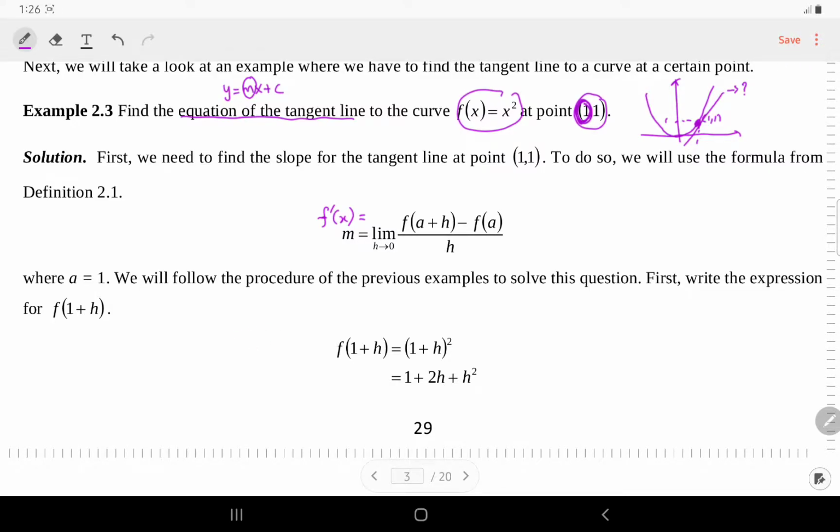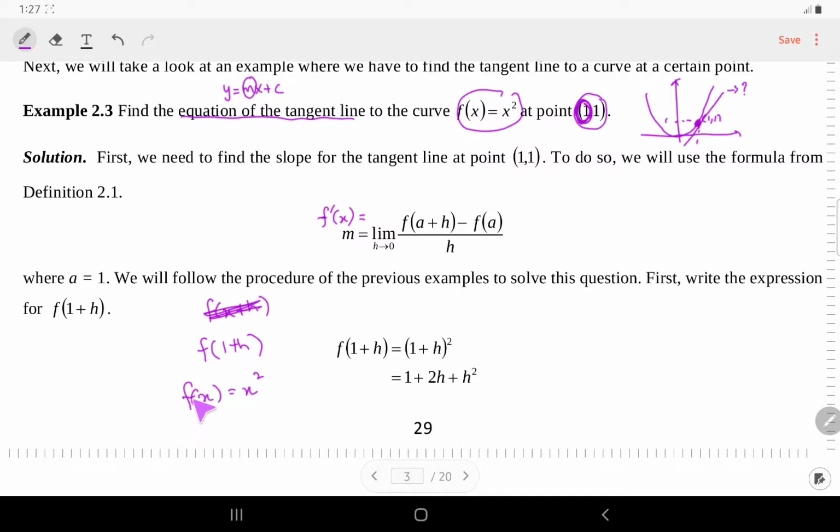Okay, so the first step is from the previous examples. The first step is you need to find what is your x plus h, but in this case our x is 1, so meaning that you need to find what is our f(1 plus h). So what is our f(1 plus h)? Just now you are given f(x) equal to x squared.